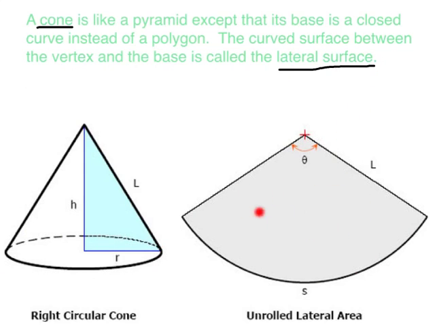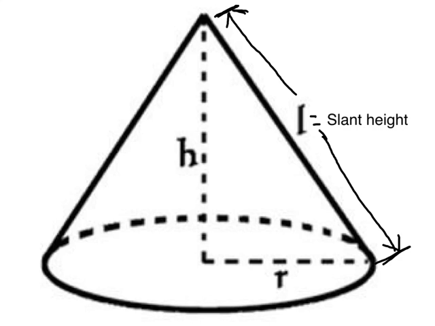So when we're going to have to find lateral surface area, this is what it's going to be looking like. So you can picture that in your mind, okay? All right, and just like in a pyramid, here we have our base, our height, and then again, this would be the slant height.